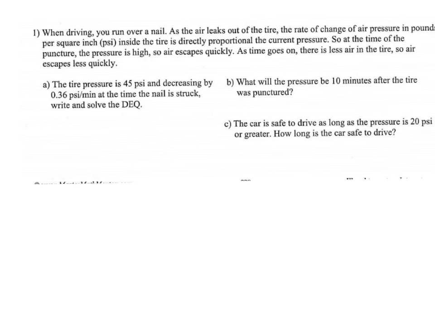So for this problem, they're telling us that as air leaks out of the tire, the rate of change of air pressure is directly proportional to the current pressure. So the differential equation is dp/dt, the change in pressure with respect to time, equals some constant k times the current pressure.